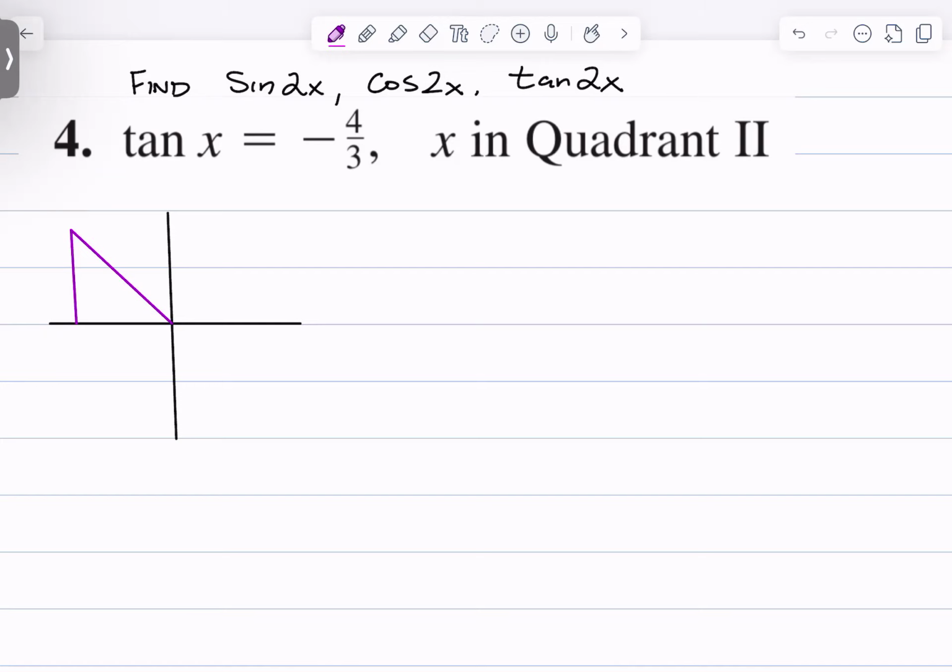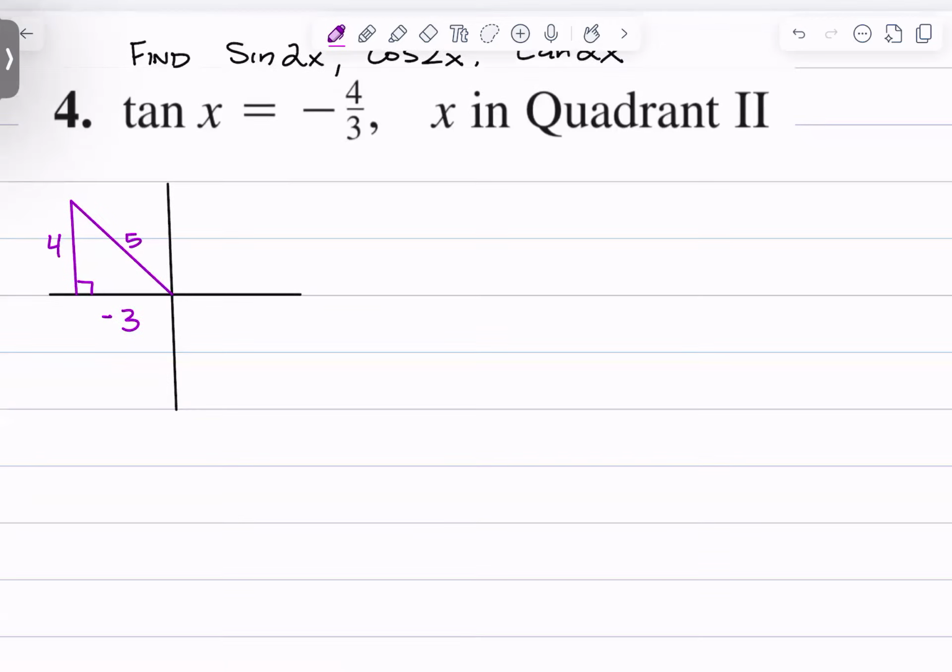So if you draw out a random triangle in quadrant 2, and your tangent, which is y over x, is that, right? And your x is negative because you're in quadrant 2. And then figuring out your r using the Pythagorean theorem or using the 3, 4, 5 triangle, you know that that's 5.